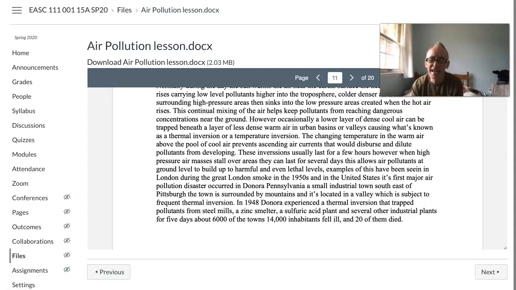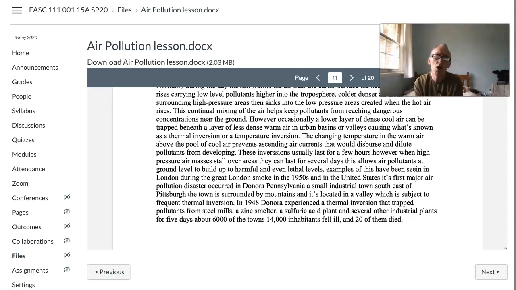So it had a number of thermal inversions, and in 1948 it experienced a thermal inversion that trapped pollutants from steel mills, a zinc smelter, a sulfuric acid plant and several other industrial plants for 5 days, allowing the pollution to build up. It was capped over that valley. And 6,000 of the 14,000 inhabitants fell ill and 20 of them died.